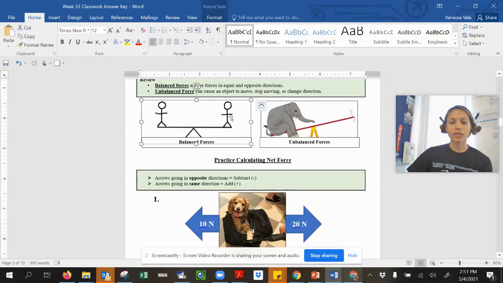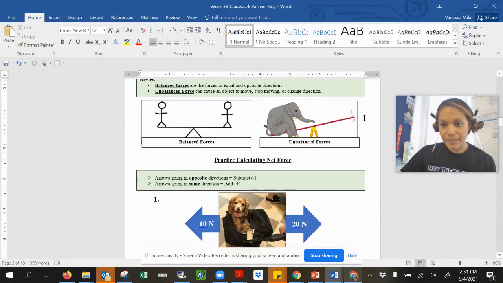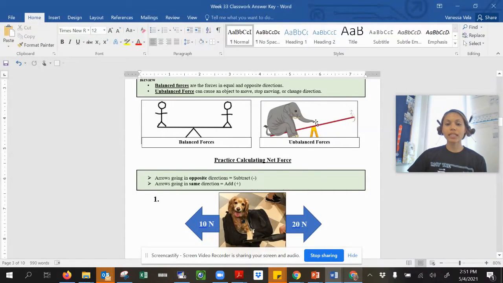This person balances with this person on the seesaw. However, if I have an elephant and a mouse on a seesaw, we can assume, based on the positioning of the seesaw here, that the elephant has more force pushing downward than the mouse does.